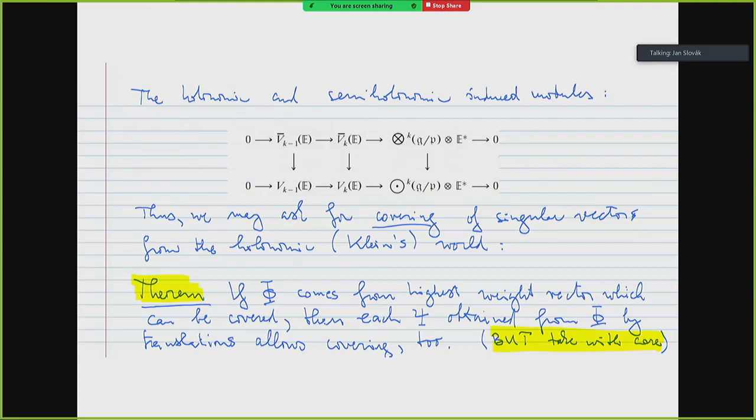So then, collecting all the messages together, you come to the situation that whenever you can get your homomorphism of the classical Verma modules by translation from something which exists in the curved world, so it means whose singular vector can be covered, then the translated one can be covered as well.